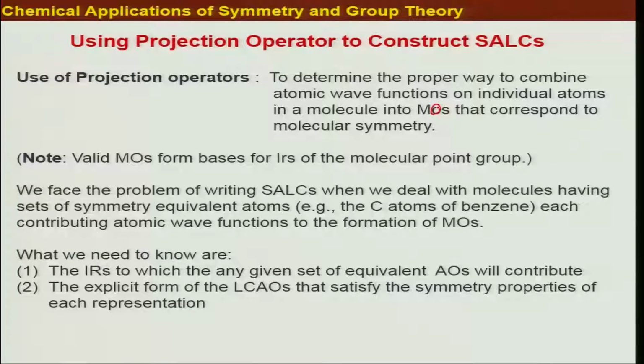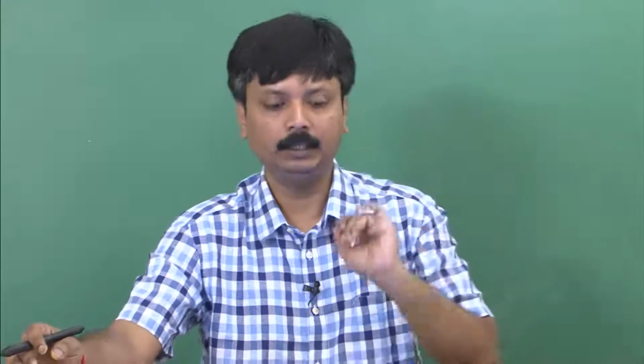So in those cases we have some problem, because each of these atoms and hence the atomic wave functions contribute to the symmetry adapted linear combination. So we will see how.